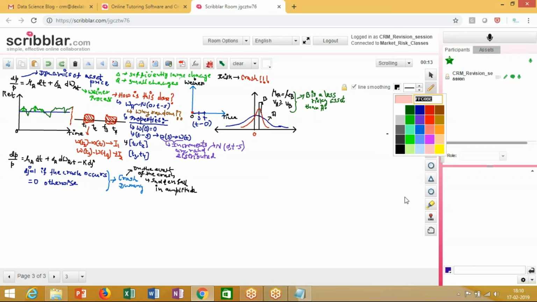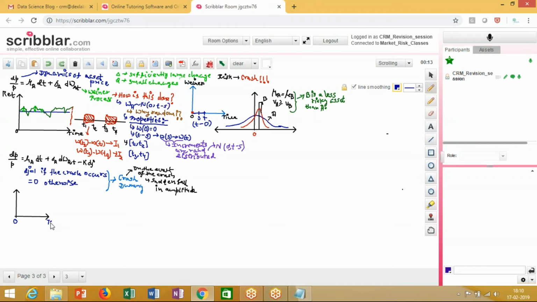And once the return has fallen down suddenly, the demand for the asset suddenly falls, and then a downward spiral begins, and many of the people who had invested in the asset lose their value, and hence a lot of financial loss is incurred.